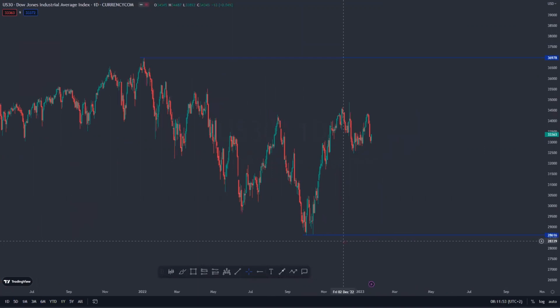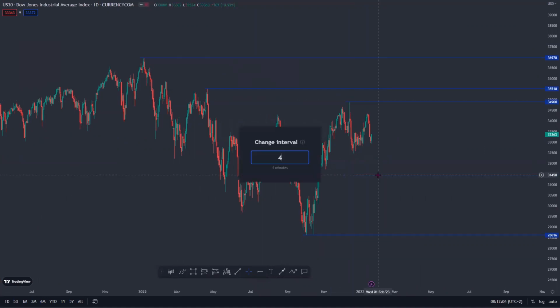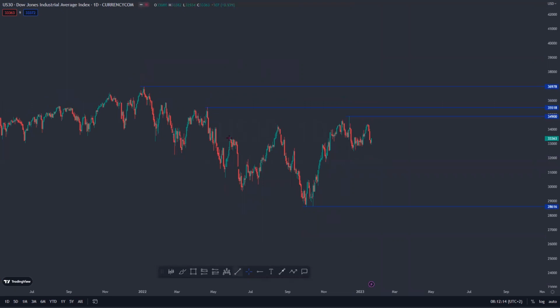So let's see the important level. It's this one, and also this one. So let's go to 4 hour. Before I go to 4 hour, we are having this structure.